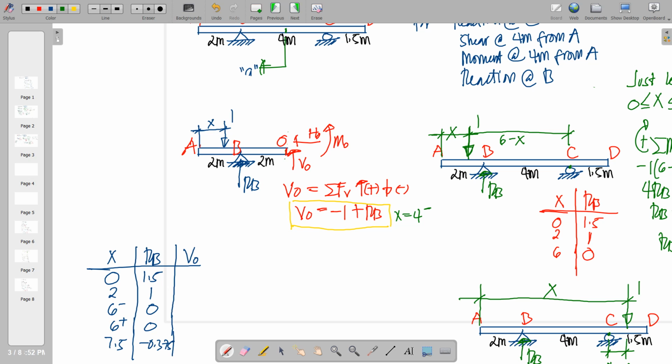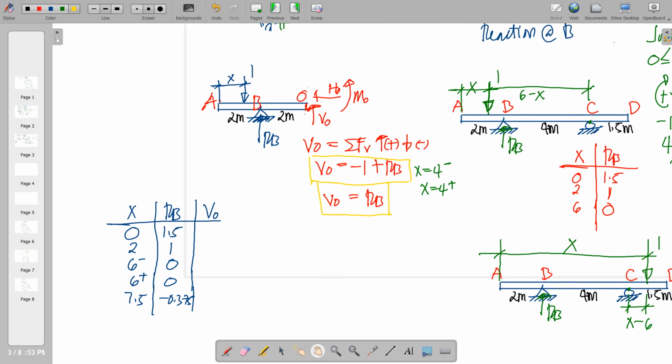And for your equation for x equal to 4 plus, just imagine that this one will no longer exist in your section. Therefore, by summation of forces vertical, your VO will just be equal to RB. Okay? So this is your equation for x that is 4 plus, and x equal to 4 minus for this one.